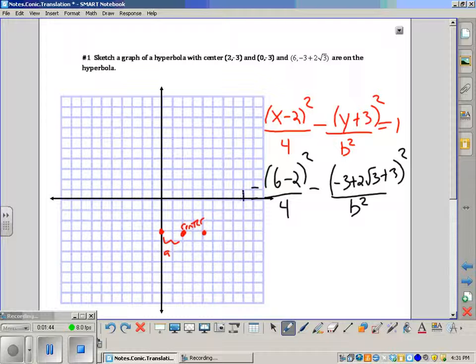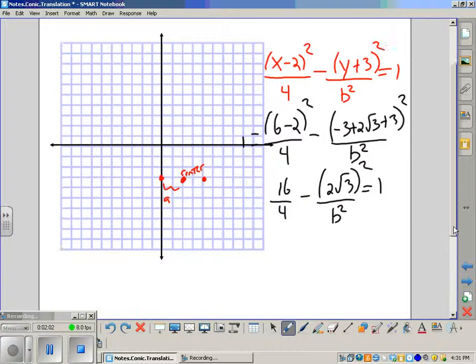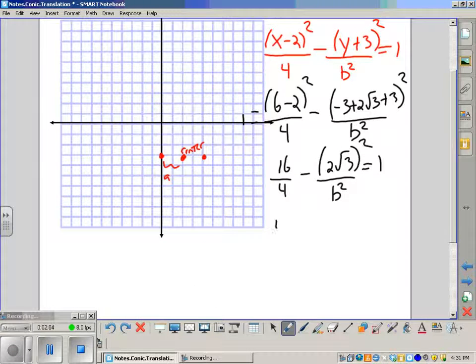I'm running out of room there, so I'll just write equals 1 on the left-hand side. And it looks like, okay. So we keep going, we keep solving. So 2 squared is 4 times 3.